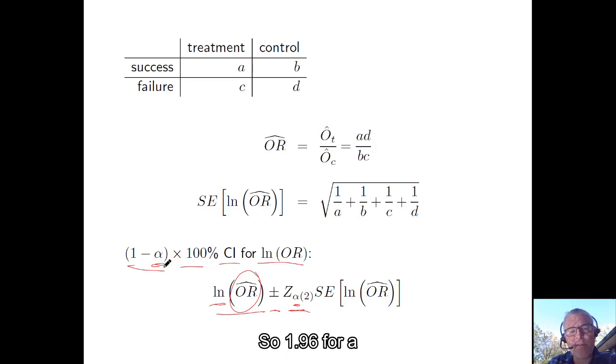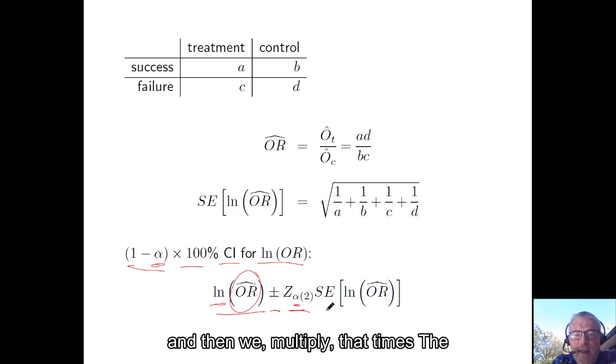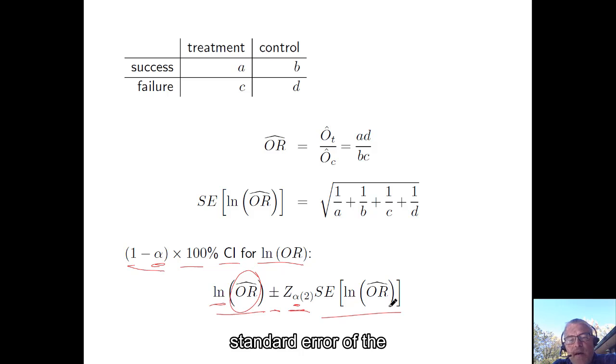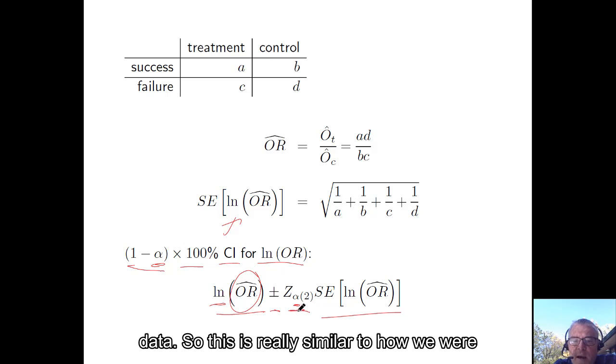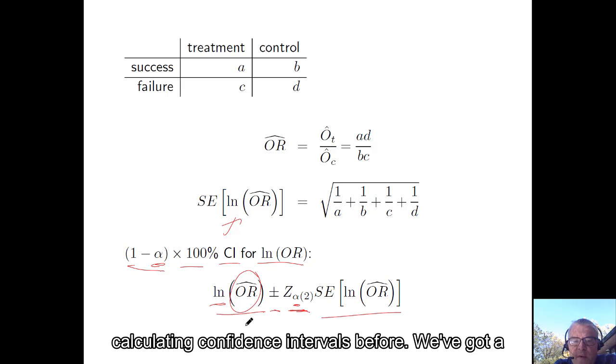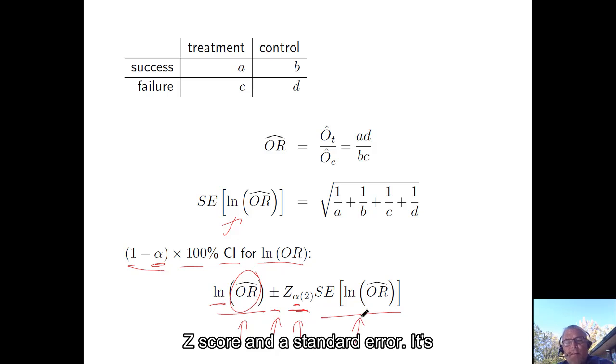So 1.96 for a 95% confidence interval, for example. And then we multiply that times the standard error of the log of the odds ratio, this formula here, which we can calculate from our data. So this is really similar to how we were calculating confidence intervals before. We've got a point estimate, plus or minus a z-score, and a standard error. It's just a different form of standard error than we've seen before.